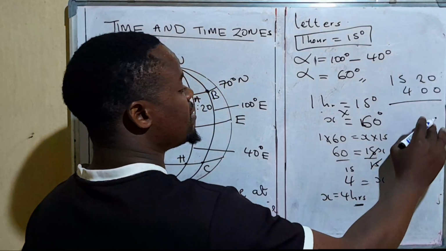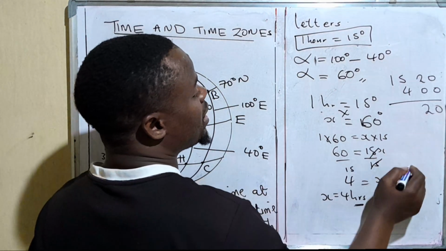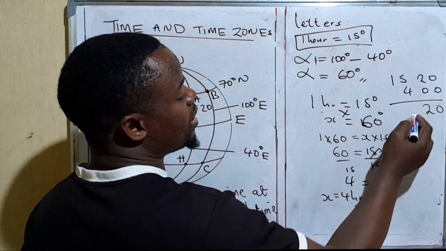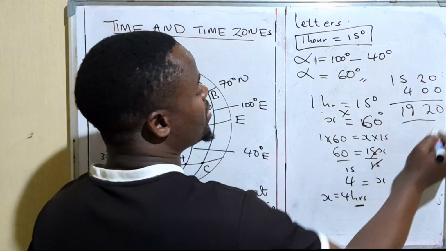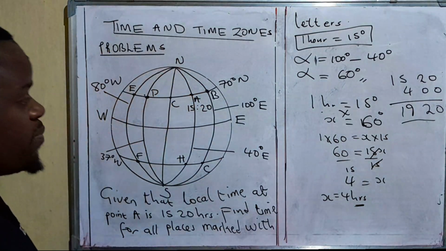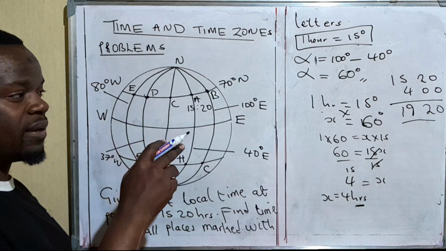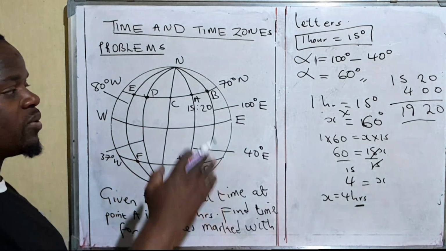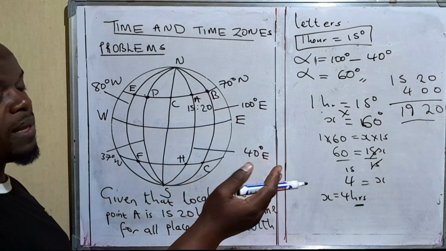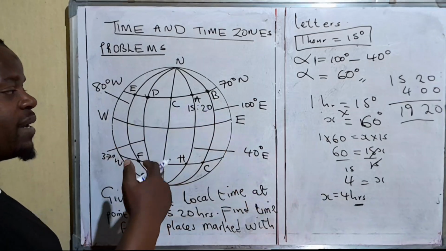We add the minutes, and then this one will actually be a 19. So at point B, the time is 1920. We are adding because those people in the Eastern Hemisphere are ahead of those who are behind.